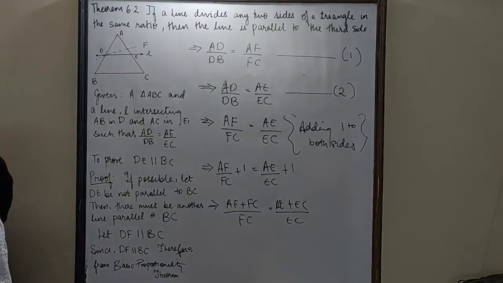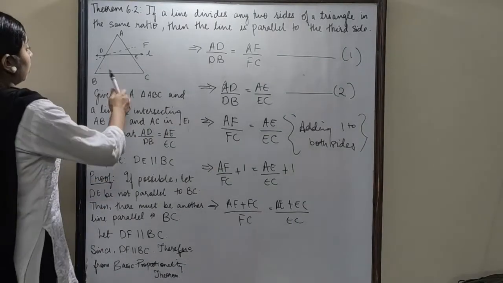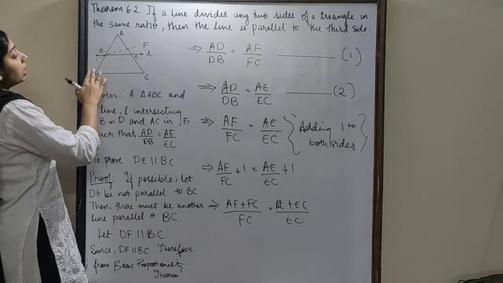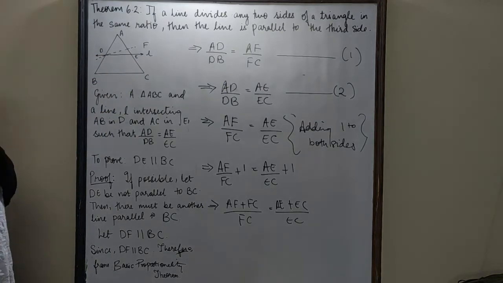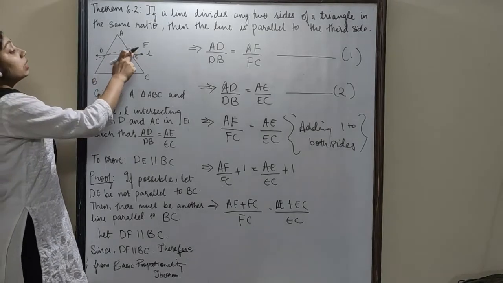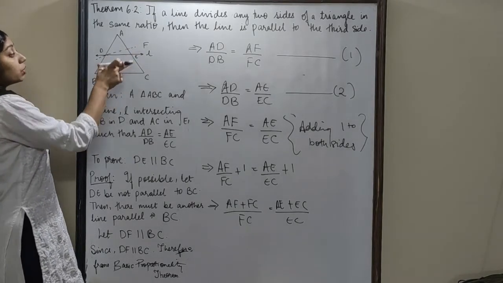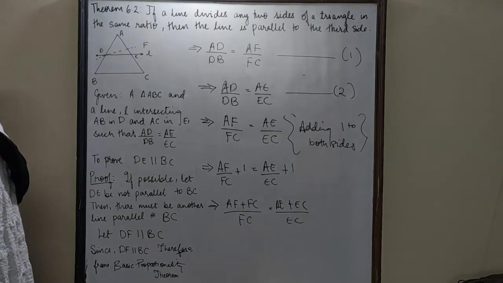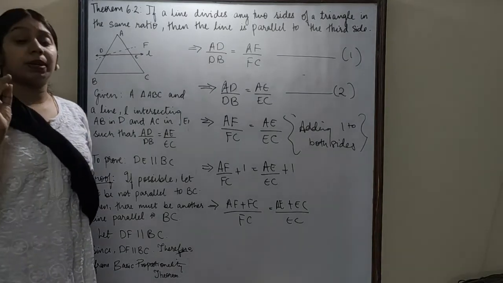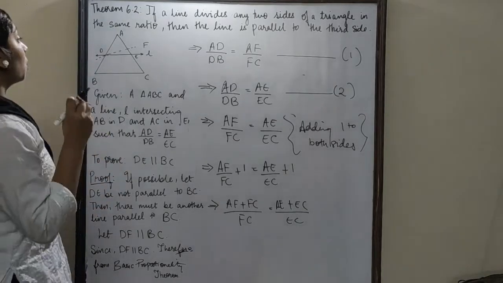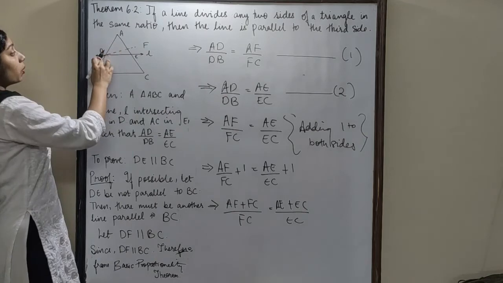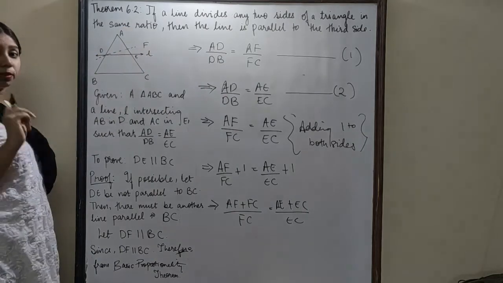Is that clear? What did we do? The theorem states that we have to prove that DE is parallel to BC. Now we are taking the contradiction. Let there be another line DF, which is parallel to BC. With the help of that contradiction, based on the basic proportionality theorem, if there is a line parallel to the third side, then the ratios will be the same.